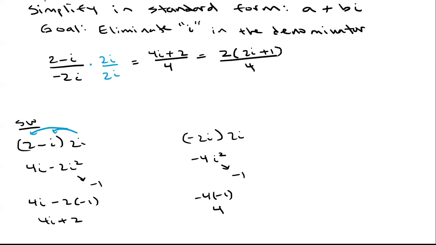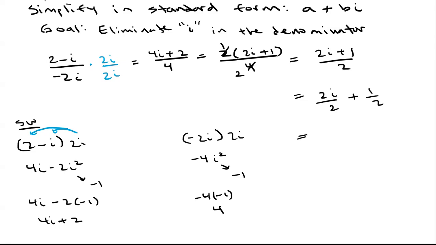So we need to do that in order to simplify this rational expression, okay? All right, so 2 goes into 2 one time, and then 2 goes into 4 two times. So we get 2i plus 1 over 2, and then we can break that down to 2i over 2 plus 1 over 2.